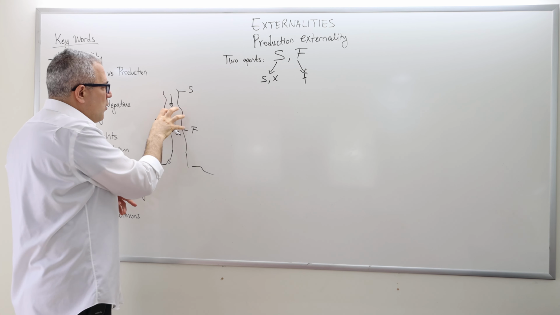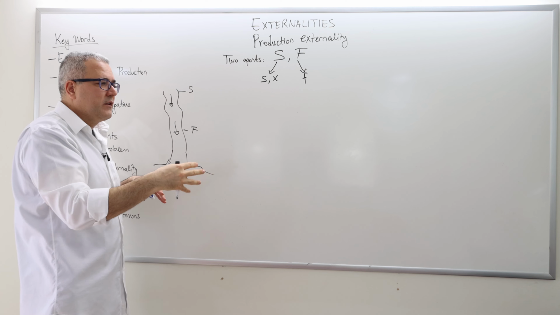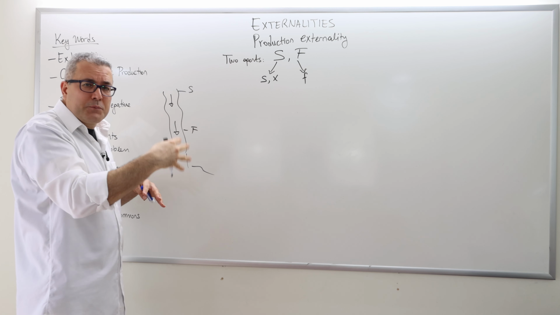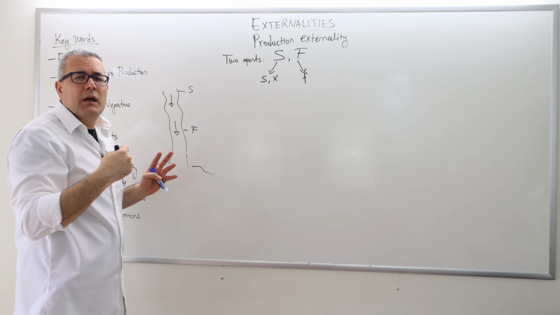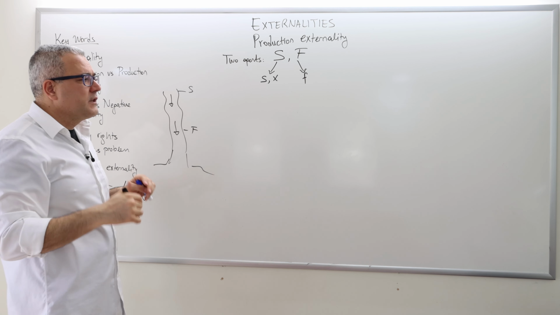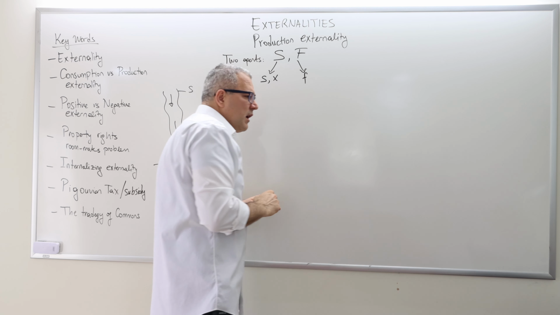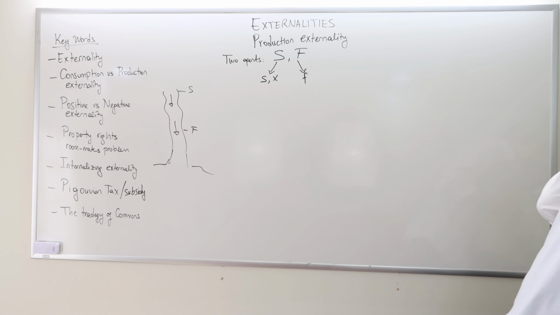So this polluted water basically goes through the fishery. And so the fish producer has to use water which is already polluted by the steel producer, all right?